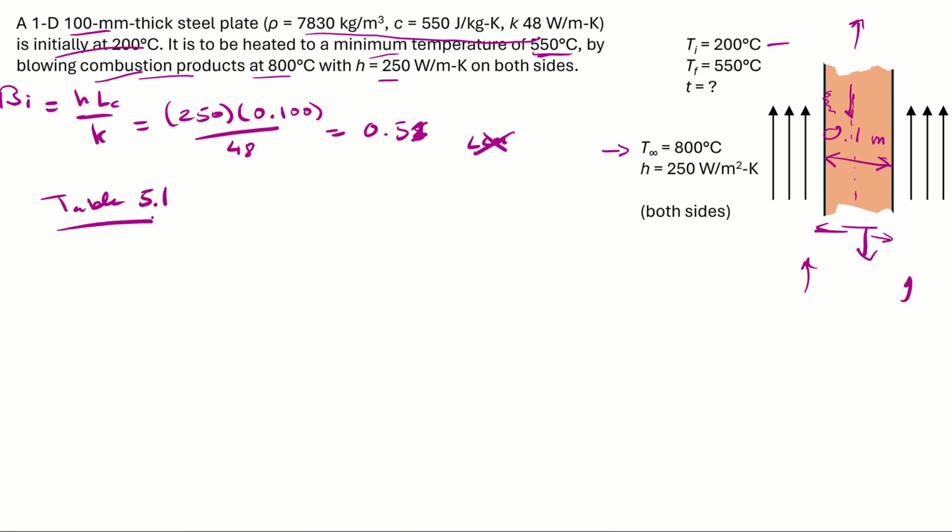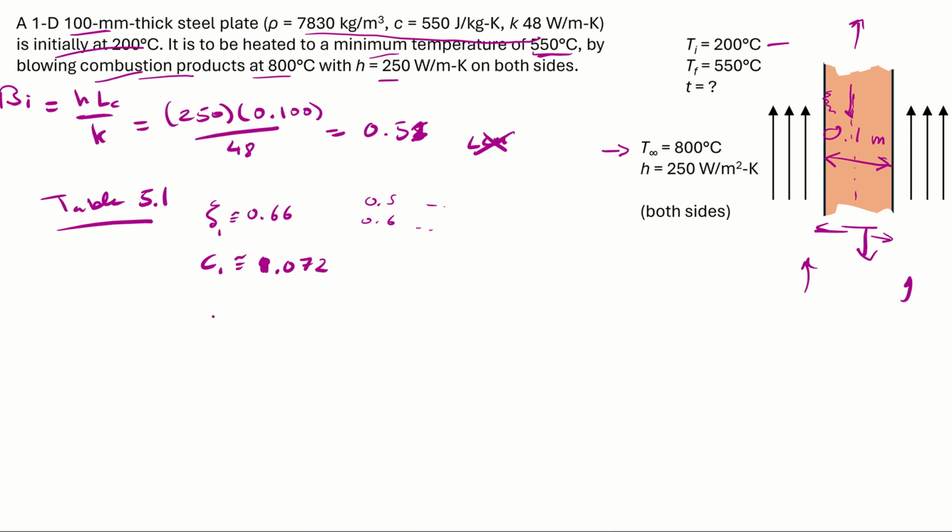Table 5.1, I think. At this Biot number, it's in between 5 and 6, so I'm going to eyeball it, it doesn't have to be exact. So you have zeta 1 at around 1.661 and you have C1 around 1.072. Let's take it this way, so this is approximate.